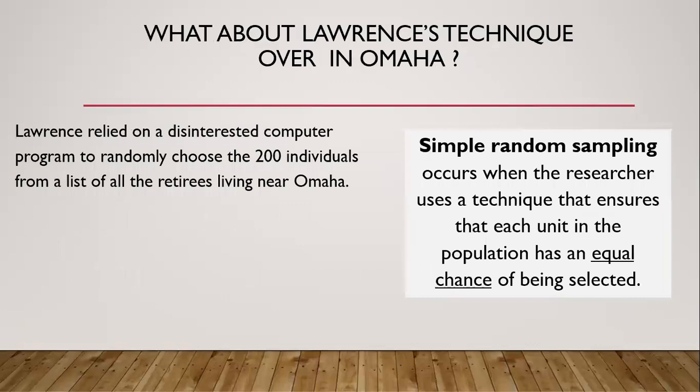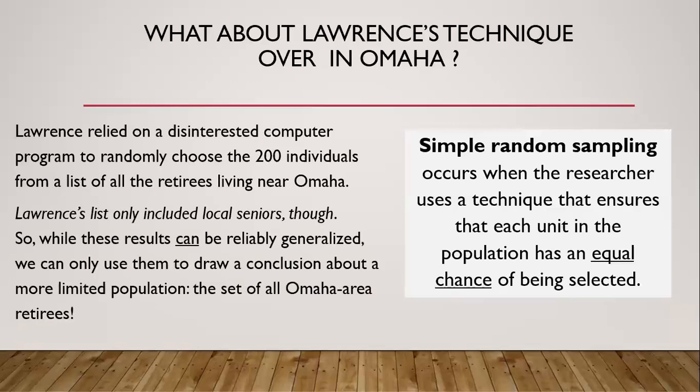And what about Lawrence? Interestingly, Lawrence relied on a disinterested computer program to randomly choose which 200 individuals living near Omaha would be called and asked the question. Lawrence was using an important technique known as simple random sampling. He was using this technique, though, for a more specific population than the one we initially listed, remembering that Lawrence's list only included local Omaha area seniors.